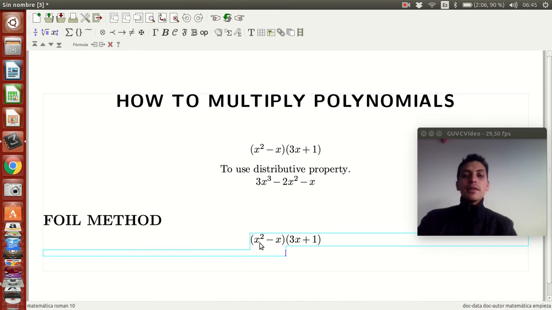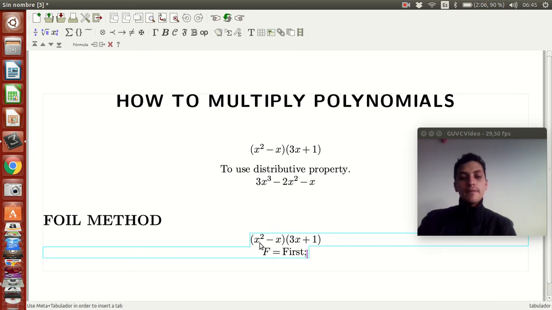What is the FOIL method? F stands for first, O stands for outer, I stands for inner, and L stands for last.